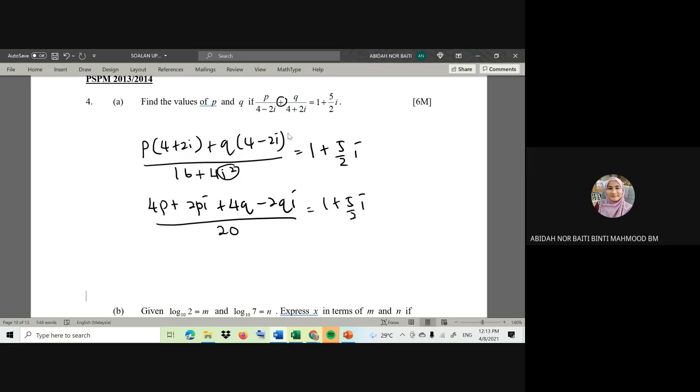Okay, so at your numerator, we simplify ya, cari dia punya real. Dia punya real apa? 4p plus 4q, right? Over 20. This is your real. Rearrange ya. And your imaginary is what? 2p minus 2q i over 20. Ini sebenarnya boleh simplify lagi ni ya, boleh kecilkan lagi.